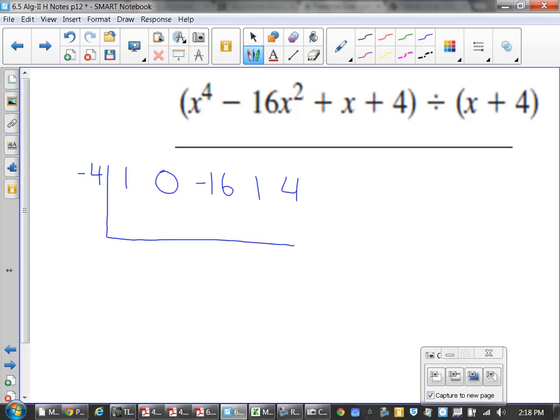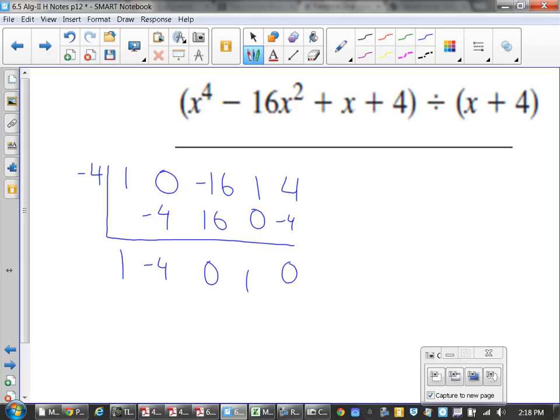You go through the process again. 1, negative 4, negative 4, 16, 0, 0, 1, negative 4, 0. It's a 0. Correct. So that means that that is a factor term of it.